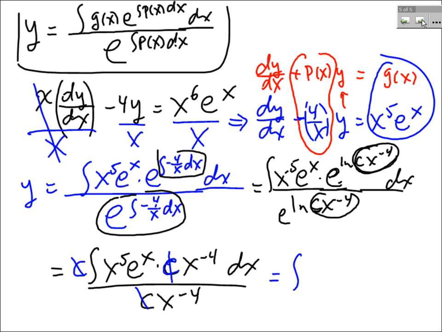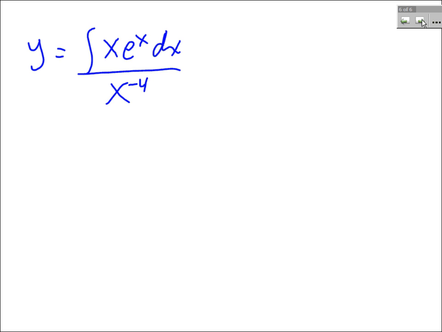So now, I'll multiply this by this, I'll get x times e to the x times dx, all over x to the negative 4. That is what y equals, but it still has an integral. Y is equal to the integral of x e to the x dx over x to the negative 4.